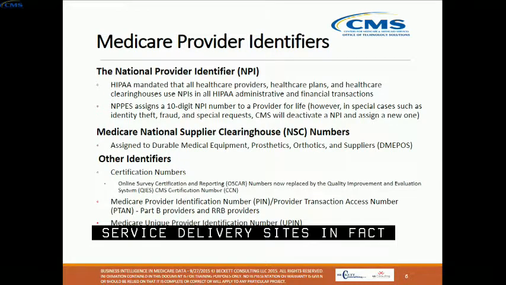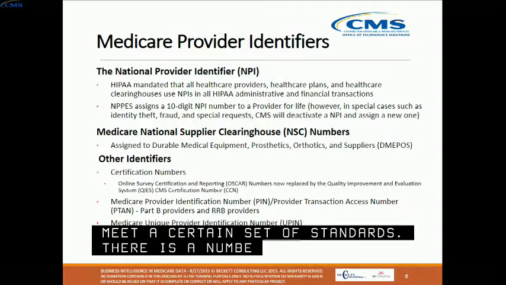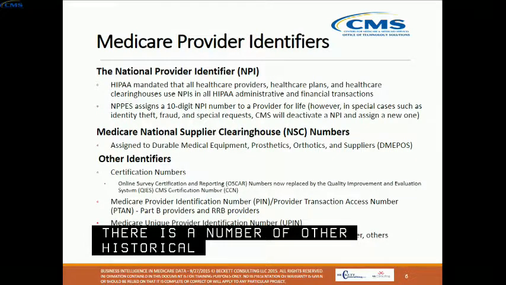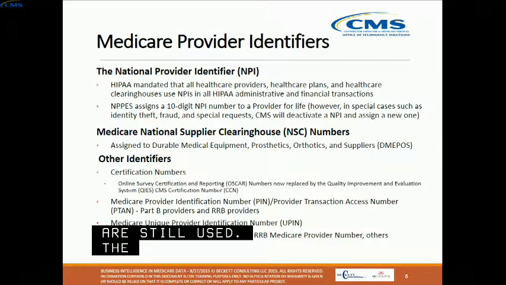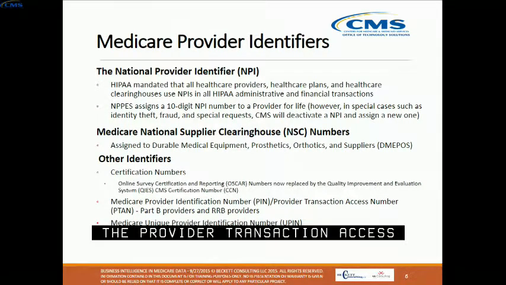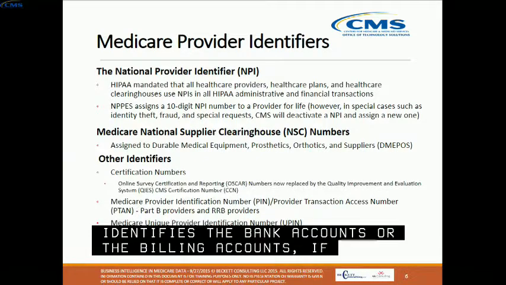There's a number of other historical identifiers that are still used. The PTAN, the Provider Transaction Access Number, is a key identifier that identifies the bank accounts or the billing accounts, if you will, under Medicare, and those are used actively in the claims processing.